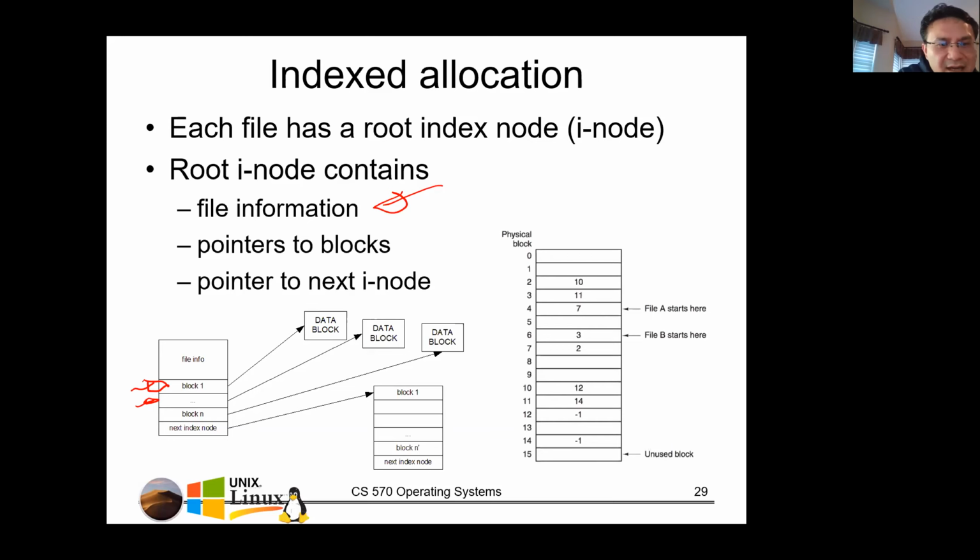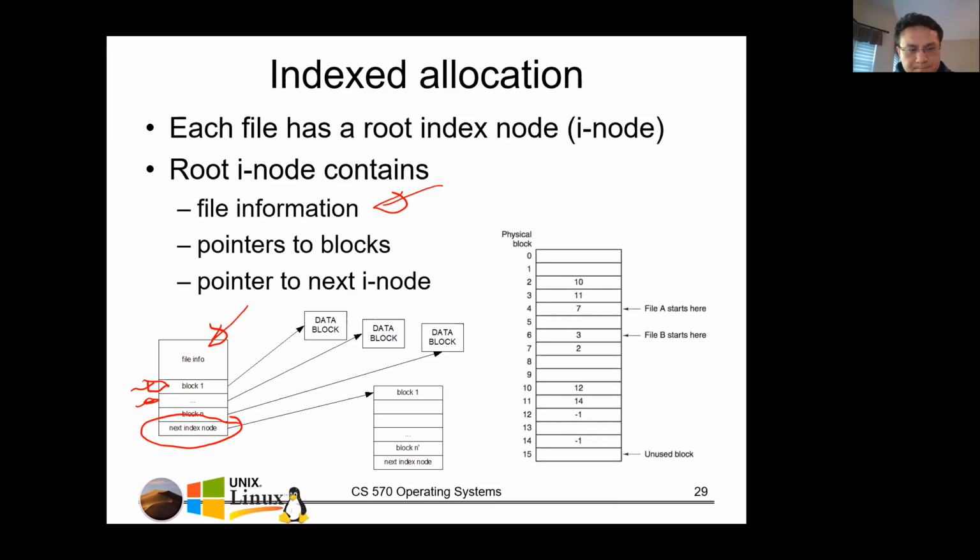Here in this inode, you start from the root node, and usually the root node has some direct pointers to some physical blocks, and at the end it has a pointer to the next inode for extension.